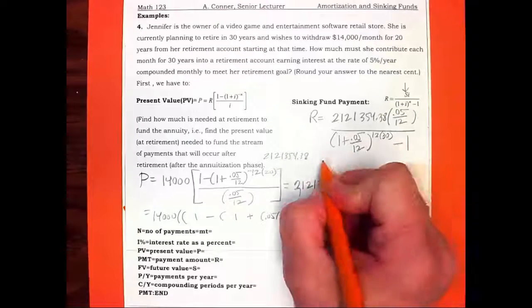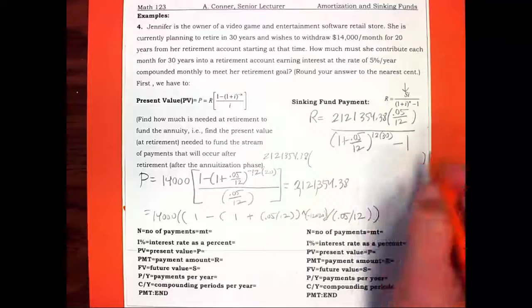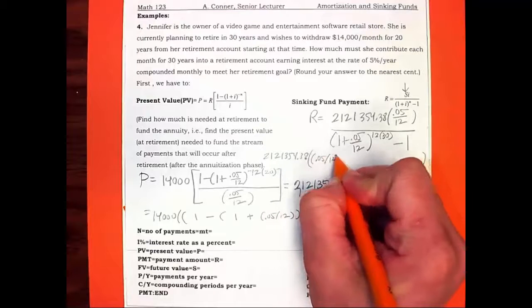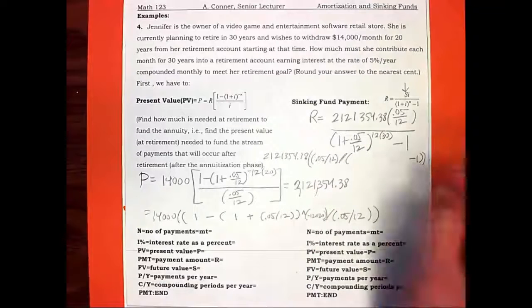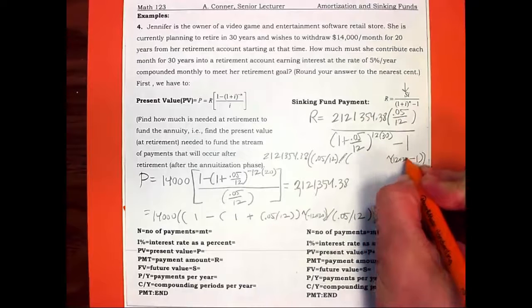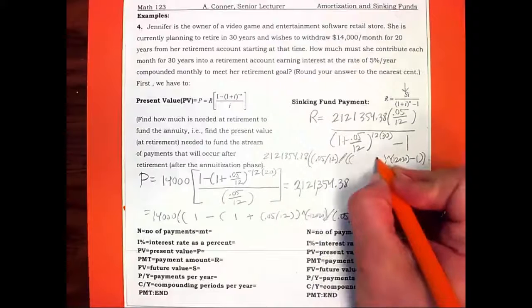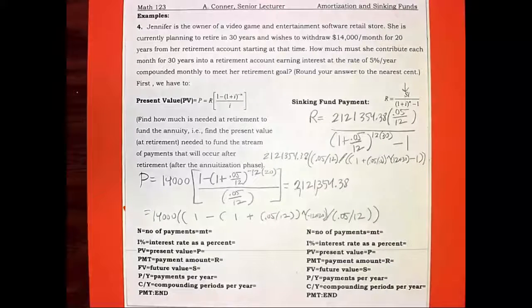So in the calculator, the steps would be 2,121,354.38. And I guess we're multiplying everything here. So we'd have 0.05 over 12, and then dividing by that whole denominator. And then the whole parenthesis with the fraction here. And I believe that's got it.